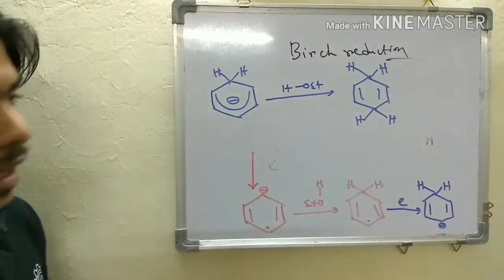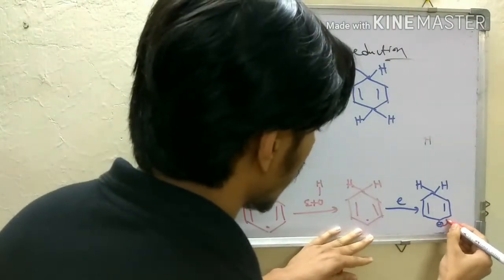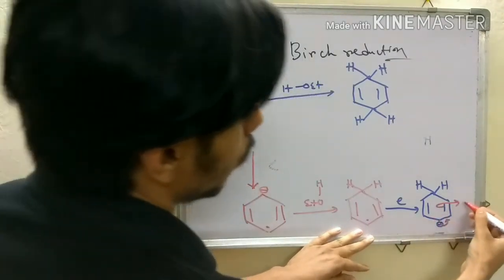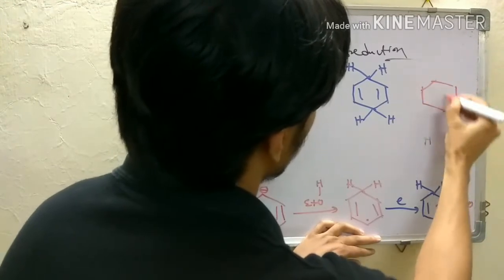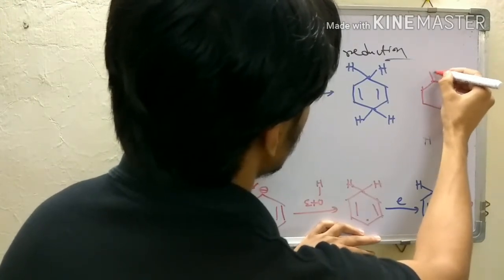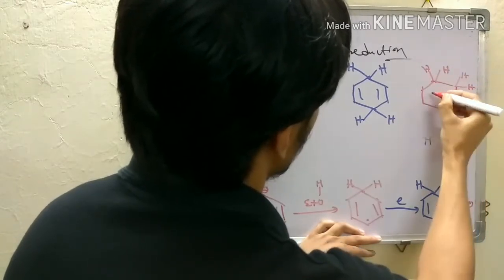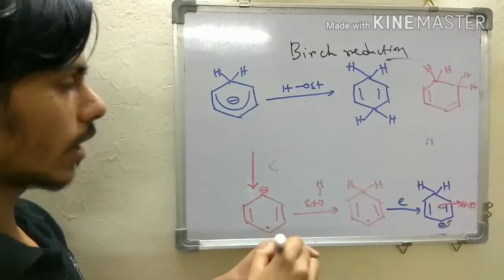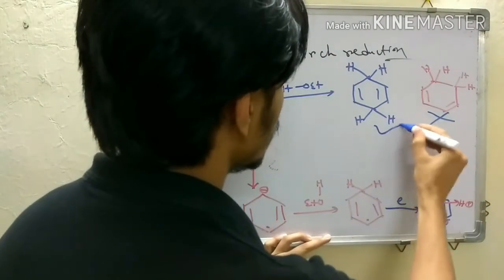But if this is a delocalized anion, you would expect that it will instead protonate from here, and you should get this conjugated product. So your expectation would be like this, but in reality you don't get this product, instead you get this product.